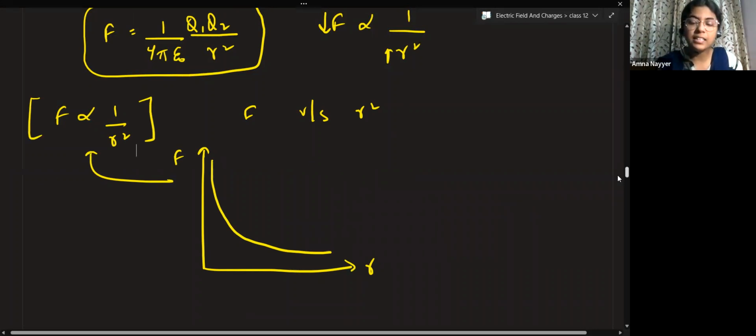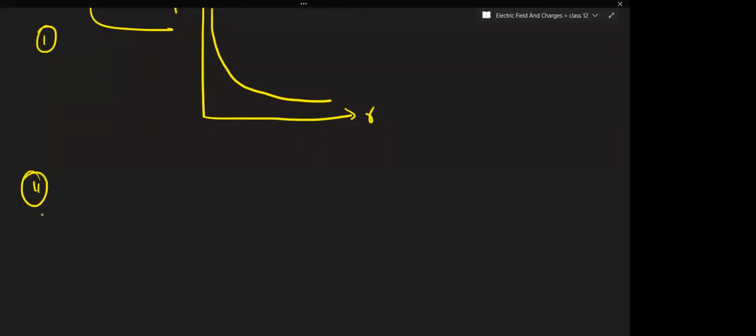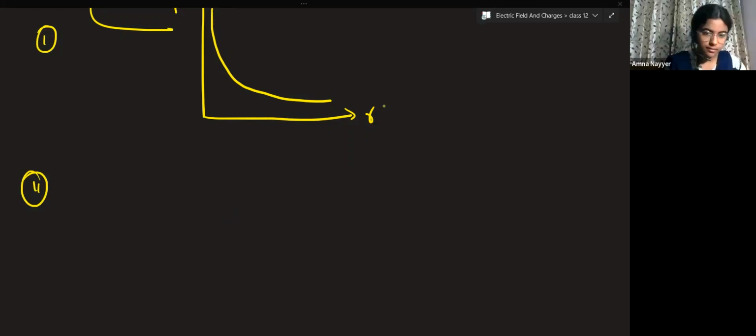But regarding the second one, this was for the first part. Parabola. Which answer? Yes, parabola, the second one. Why? Any reason? Ma'am, when the force is directly proportional to r square, the graph for y directly proportional to x square is a parabola.